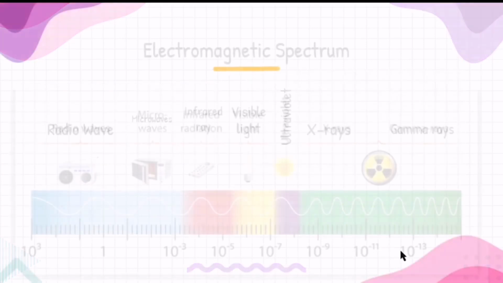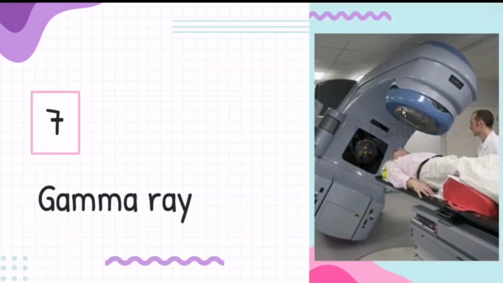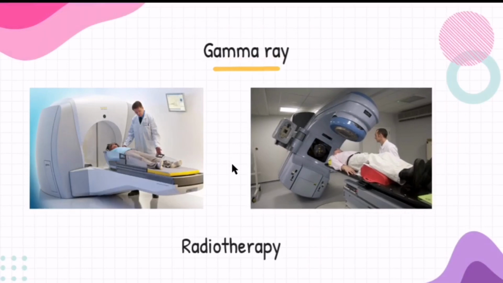Okay? So, let's proceed to the last part. So, ito ang pinaka dangerous sa lahat kasi ito ang pinakamataas ang frequency and energy. The gamma rays. Okay? Now, ang gamma rays, dahil yan ay nagpe-penetrate sa katawan at pinaka mataas ang frequency and energy, ginagamit siya to kill cancer cells.